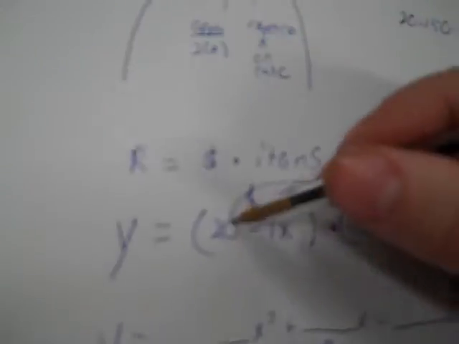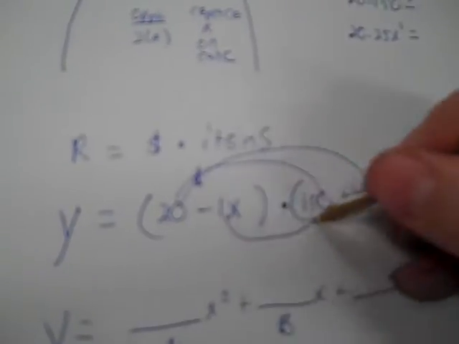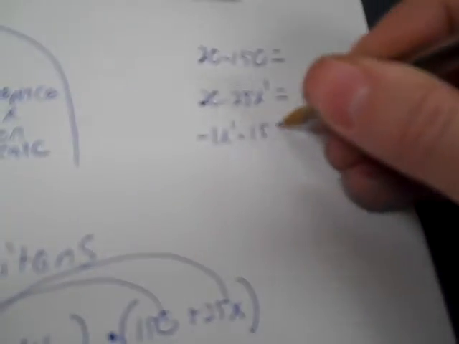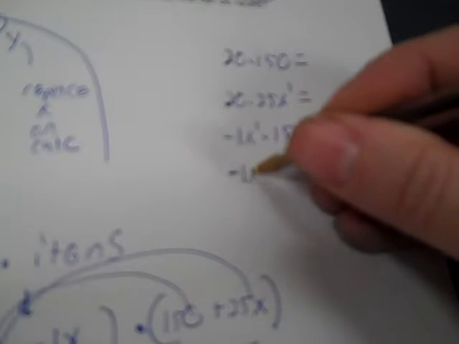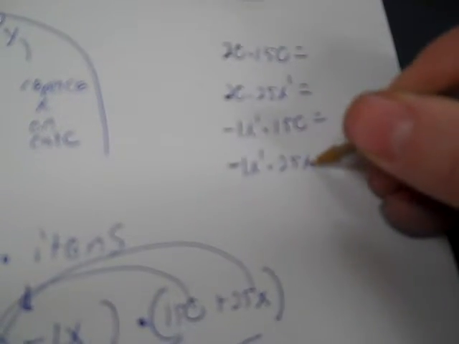We take 20 times 150. 20 times 25x to the 1. Negative 1x to the 1 times 150. And negative 1x to the 1 times 25x to the 1. So I find these products.